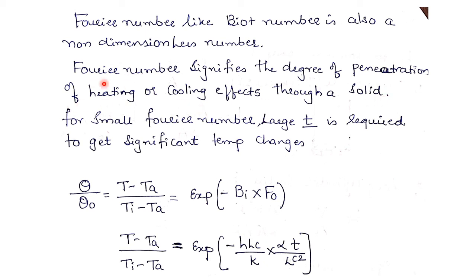It is necessary to indicate how much heat has penetrated or how much cooling effect has taken place through a solid. For a small Fourier number, a large time T is required to get significant temperature changes. So this is about the Fourier number.